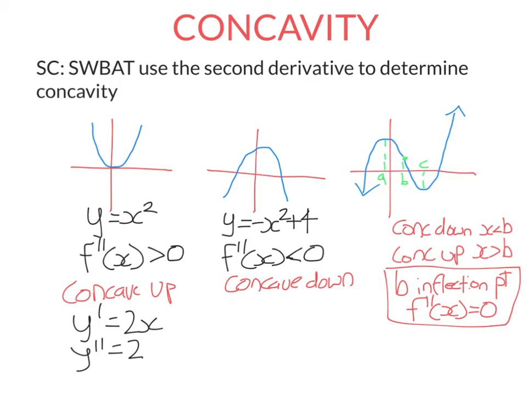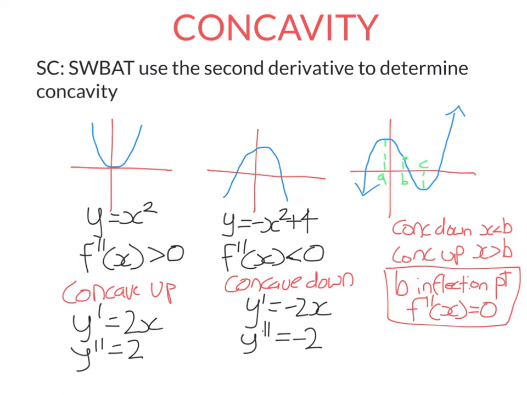On the other hand, if I differentiate y equals minus x squared plus 4, I get minus 2x, and the second derivative is minus 2. That's why this function is always concave down. Its second derivative is always negative. But as I said, for some functions, the second derivative will be negative in some areas and positive in another area.